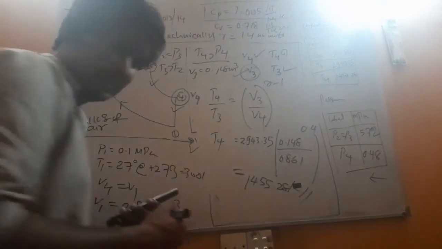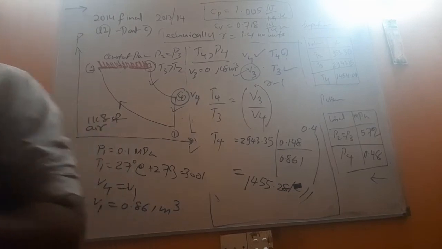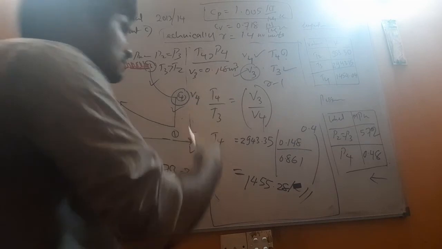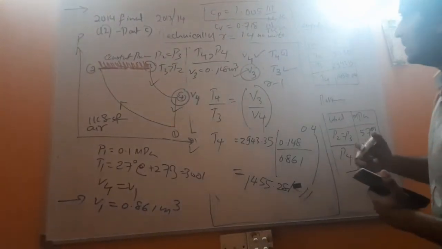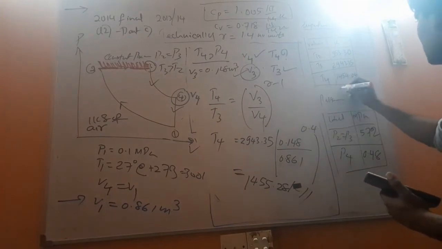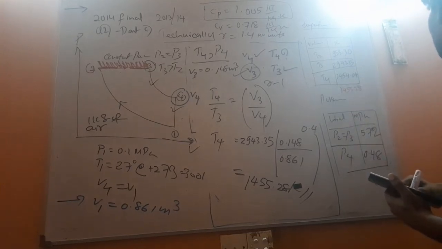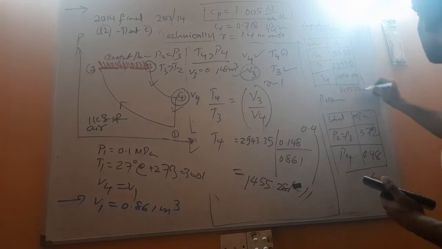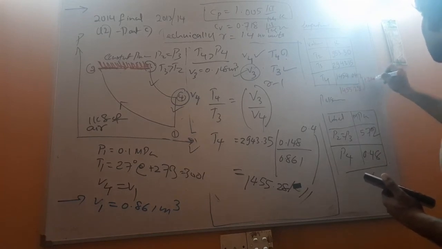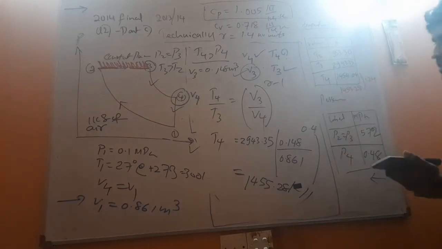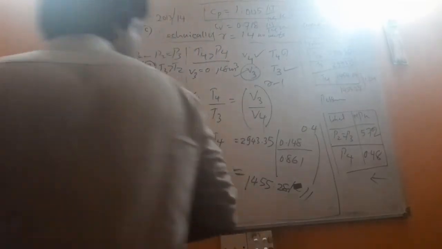So a little variation is there. Based upon the value that we evaluated from the previous step, there is an error of 1.24. It doesn't matter, it's very close. So you can find T4 like that.